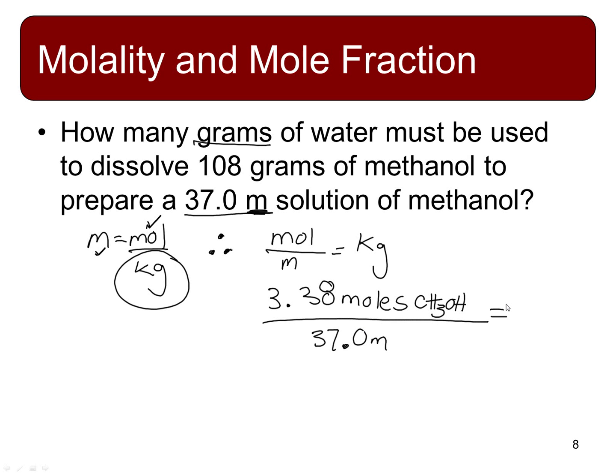Okay. So when we divide 3.38 by 37, I get 0.0914 kilograms of water, which is our solvent. But if we need grams, we're going to move it over 3 places.